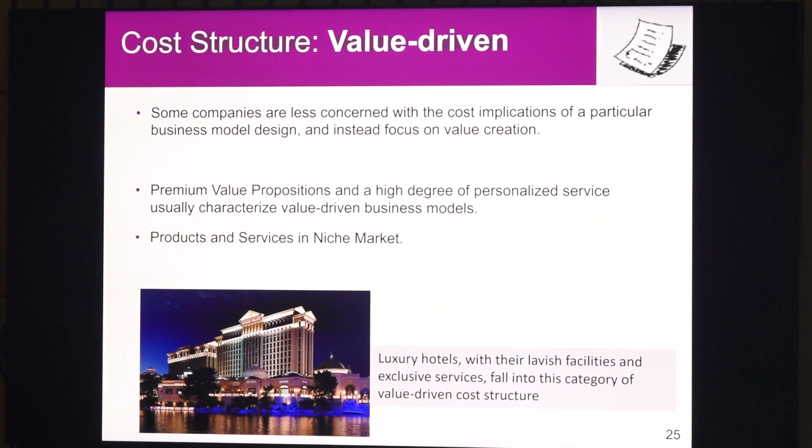You're still fulfilling that, but you're charging an extra premium for each of these. So your cost structure can be about providing utmost value to your customers to attract them over and over, as opposed to making cheaper products. Okay? And the distinction is very obvious and clear.